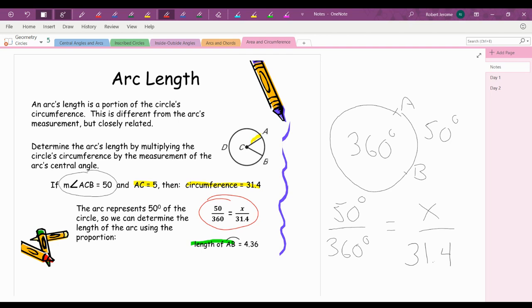That's why it's matched up in the numerator. And that's all the changes from yesterday to today. We're using yesterday's answer of circumference to find part of the circumference. Part meaning proportion. So we're just going to set up that proportion. Okay. And we're going to do the same thing in a few minutes with area. We're going to find part of the area.